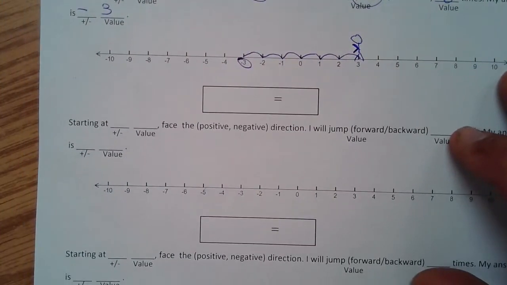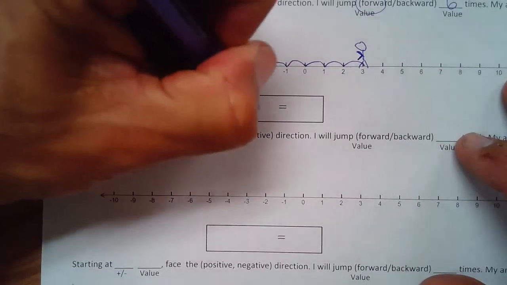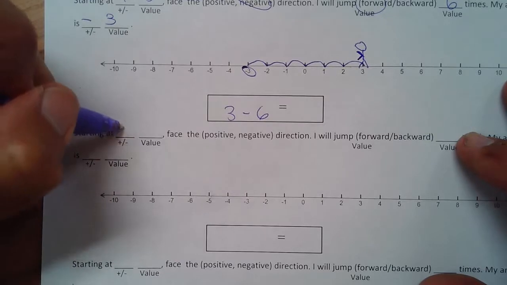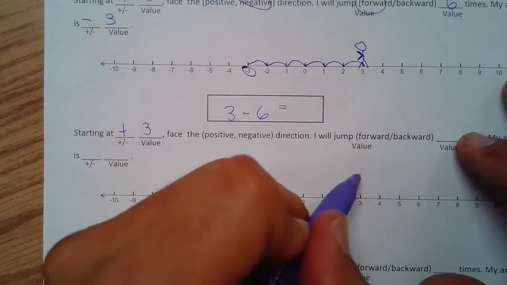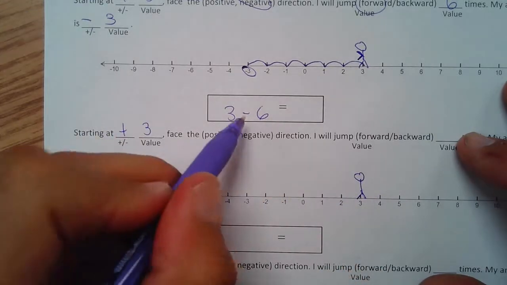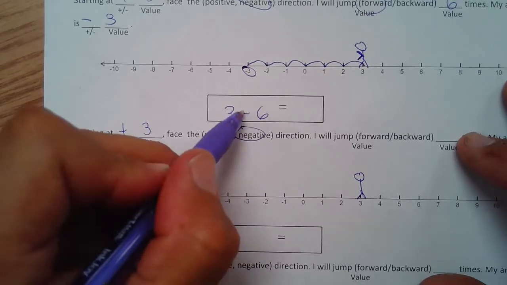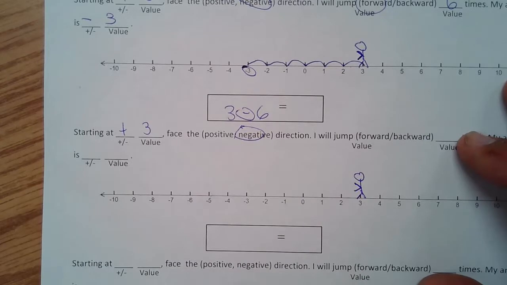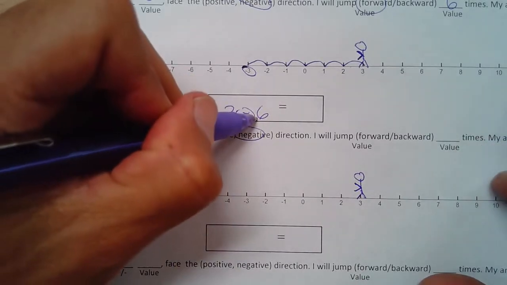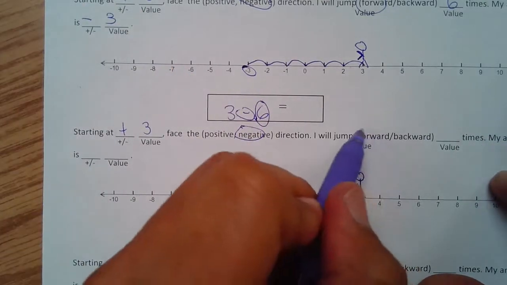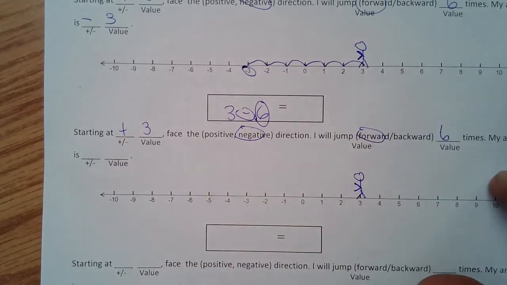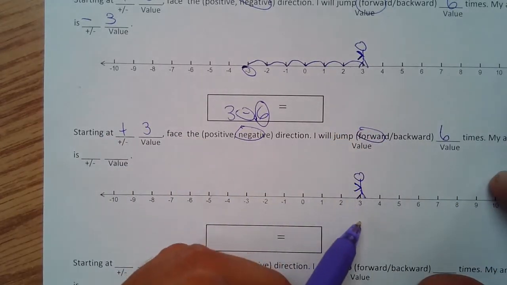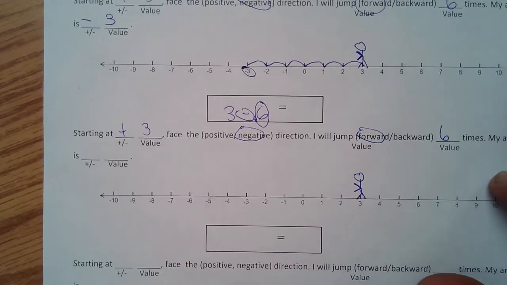Next, 3 minus 6. I start at +3. Face the negative direction because that subtraction tells me to face this direction here. And I will jump, that's a +6. So I'm going to jump forward 6 times. Oh, I realize I just did this problem.